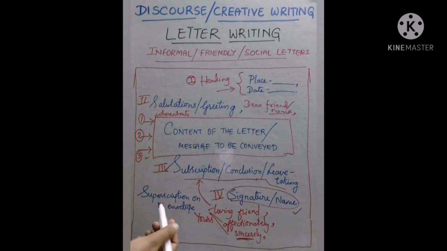And then the next important thing is the fifth one. What is that? Subscription on the envelope. What is this? So don't get confused, this is of course your to address. So there must be a to address written, right children? When you are taking so much of time to write a letter and you want to send it to someone, so write these details perfectly in the sense every detail.